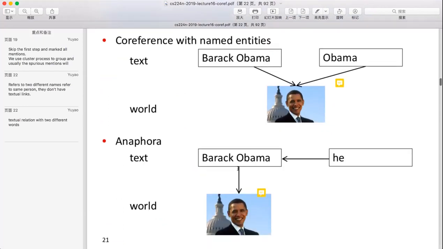And for the anaphora, "he" refers to Barack Obama, so the words "he" and "Barack Obama" have a dependent relation. So this is a slight difference between coreference and anaphora.